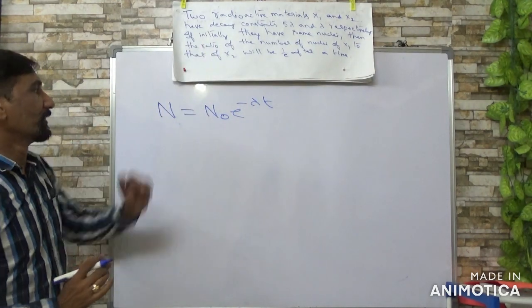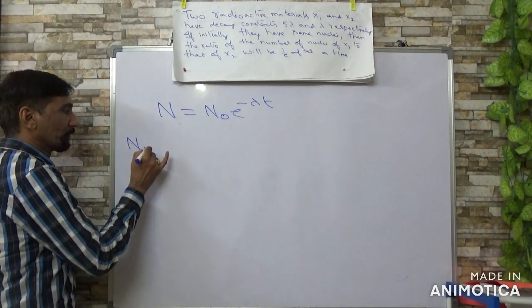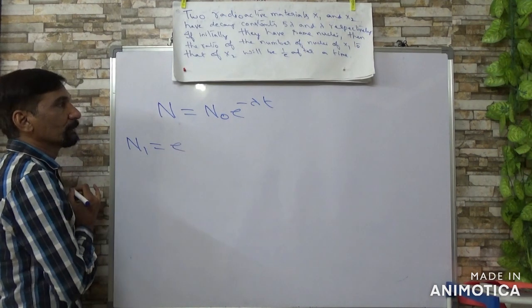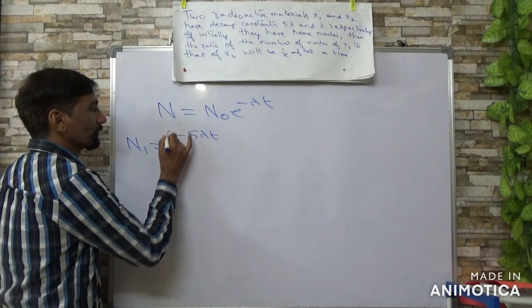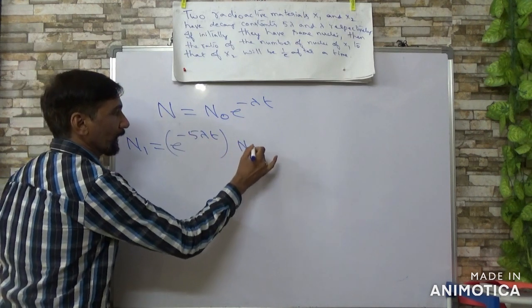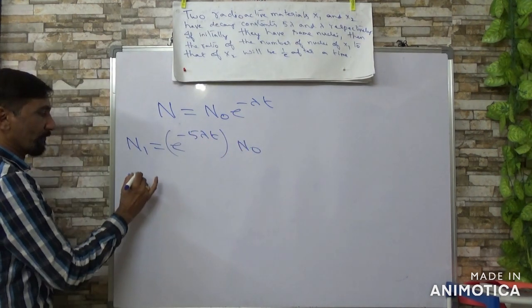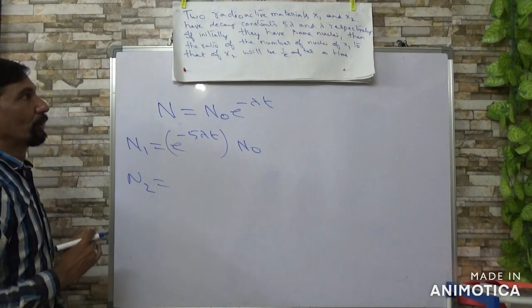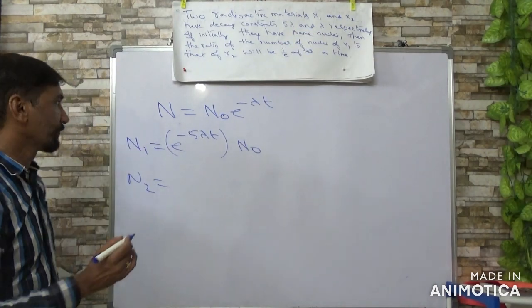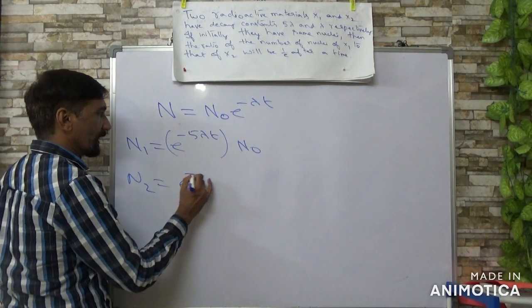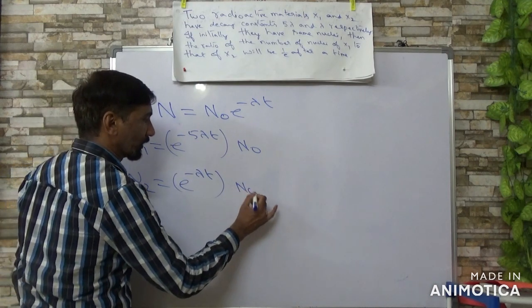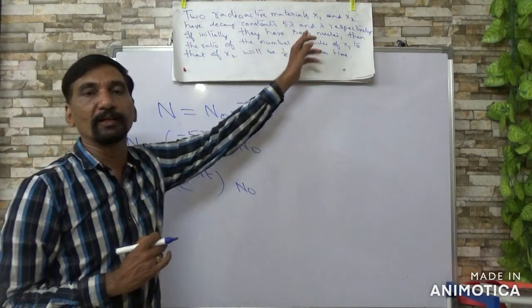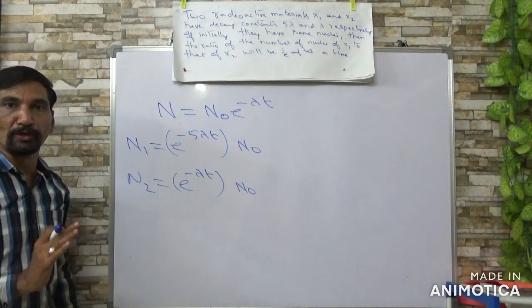For the first one, N1 is equal to e power minus 5 lambda t into N0. For the second, N2, the decay constant is lambda, so e power minus lambda t into N0. Both have the same number of nucleons.